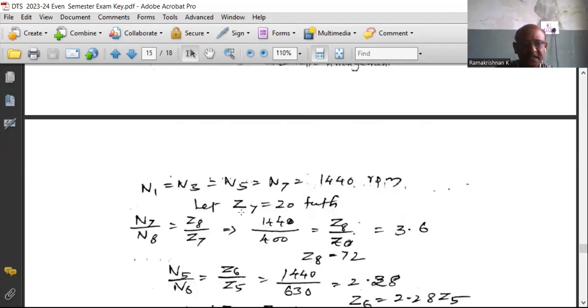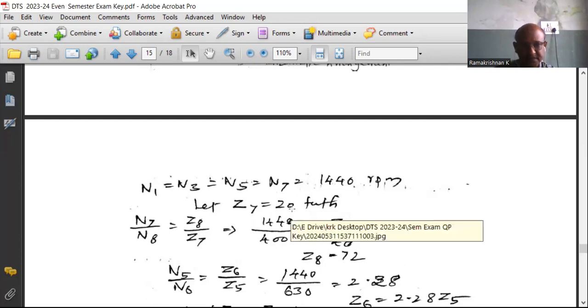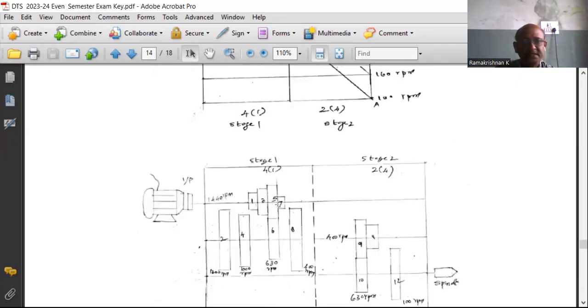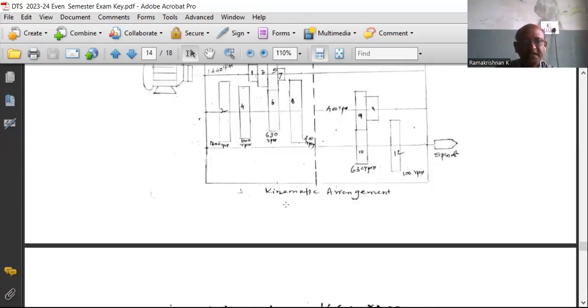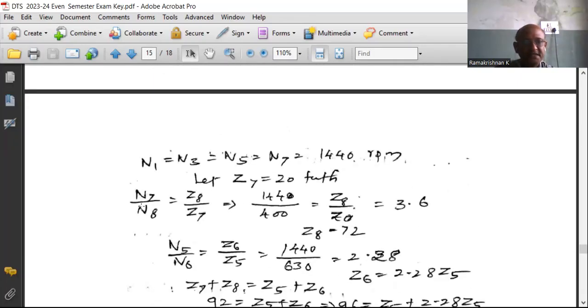Let us assume the smallest teeth Z7 equals 20 teeth. So first consider any pair, 7, 8. Here Z7 is the driver and Z8 is driven. As you know, the speed and the number of teeth have an inverse ratio. So the unknown is Z8. So Z8 is 72, which we can find.